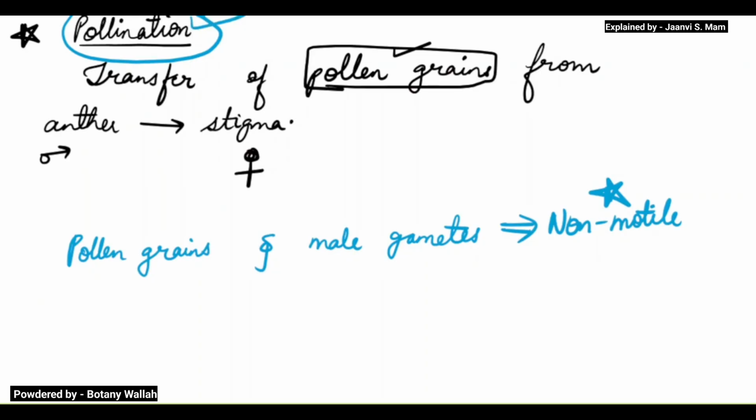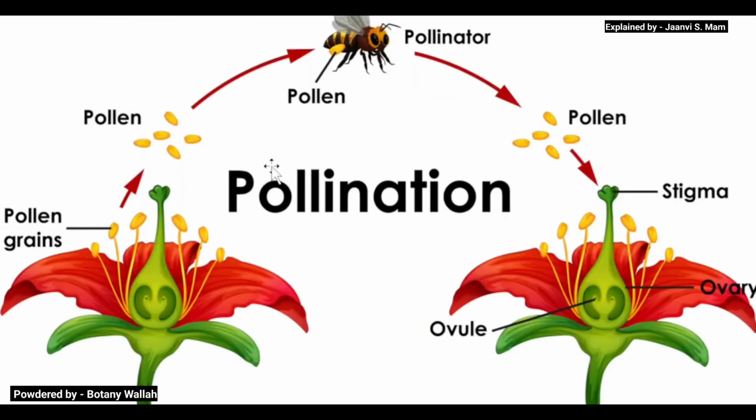But for doing the work of pollination they need some agent. There should be one agent which can move from one flower to another. That agent is known as a pollinator. Now this honeybee first came to flower number 1, and then went to flower number 2.